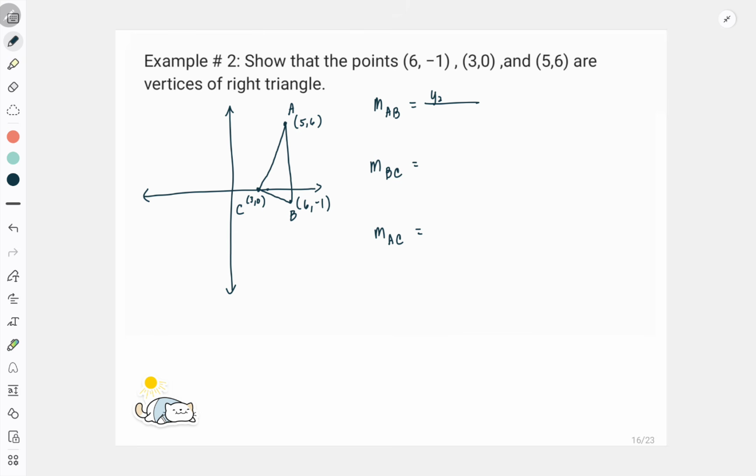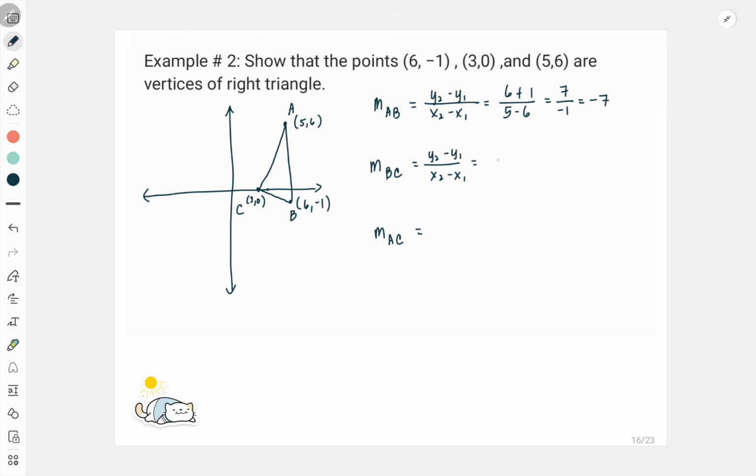So for AB, we have 6 plus 1 over 5 minus 6. So that's simply equal to 7 over negative 1, or that is equal to negative 7. BC, that's also this formula.